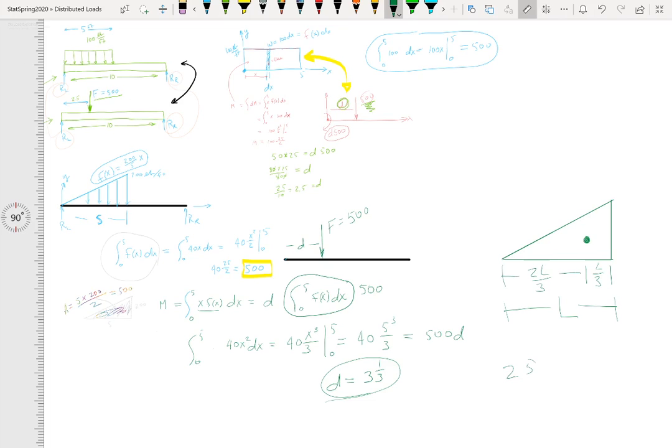Turns out 2 times 5 over 3 becomes 3 1/3. This is always the case.